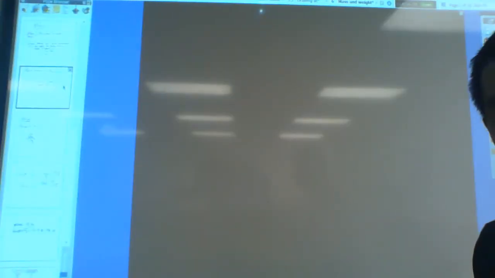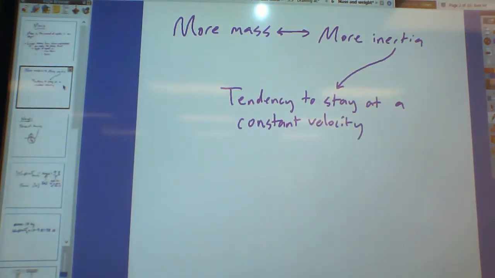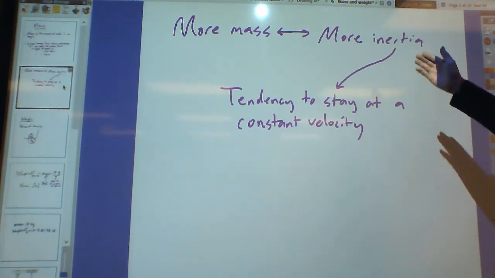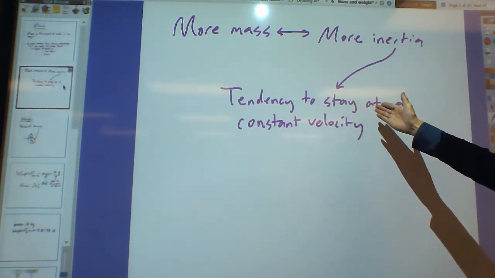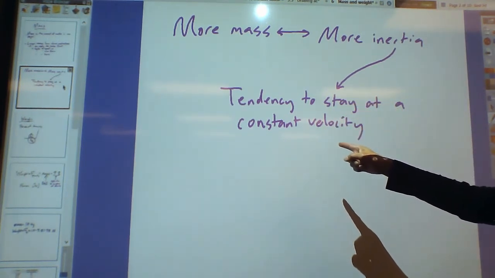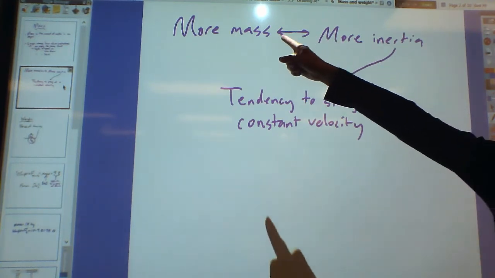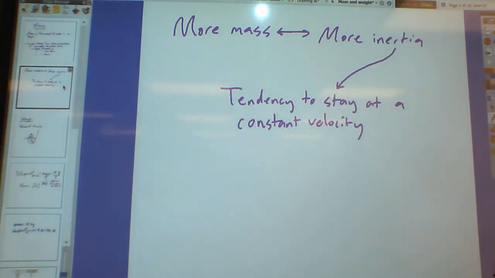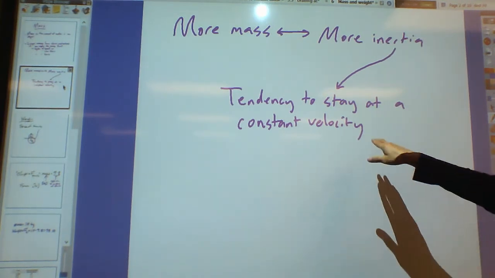One good way then to think of what mass means from a physics point of view is that more mass means more inertia. Remember, inertia is defined as the tendency for an object to stay at a constant velocity. So objects with more mass do not want to change their velocity.